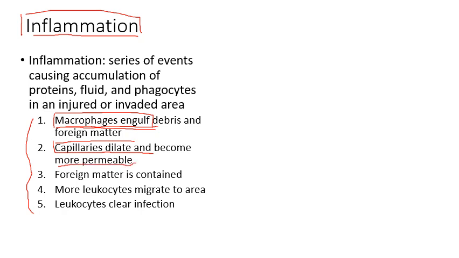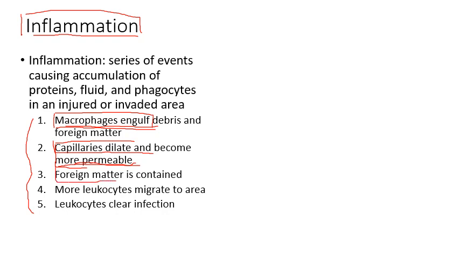Because remember, the immune cells, most of them are in the bloodstream, so they have to make their way out. So this capillary dilation allows those blood vessels to become more permeable to allow the immune cells out. Okay, foreign matter will get contained.